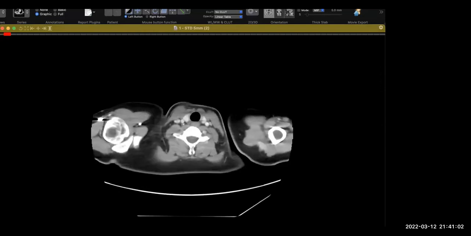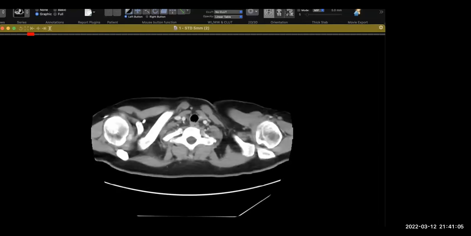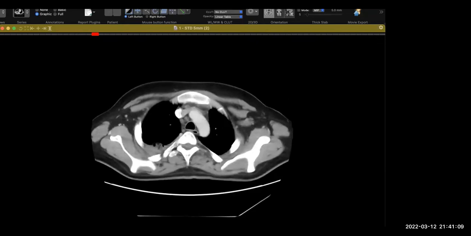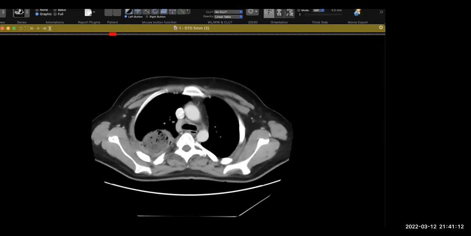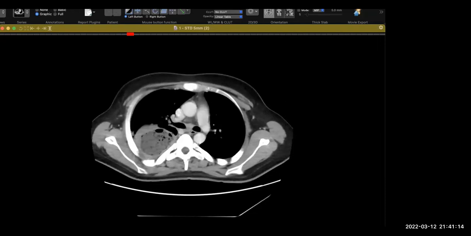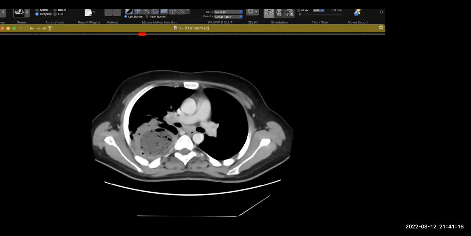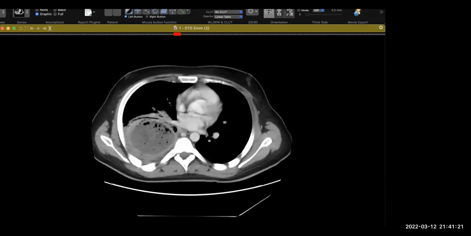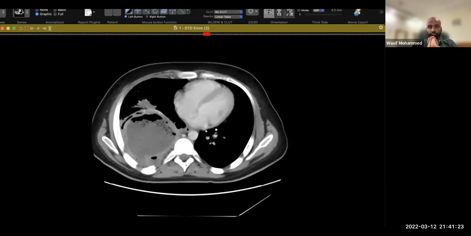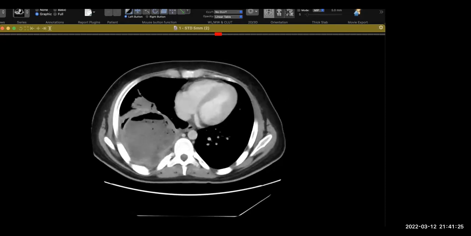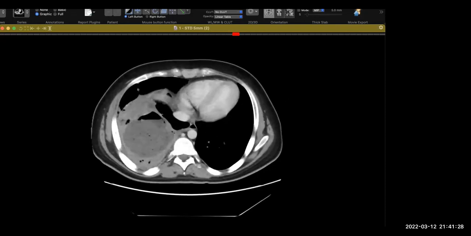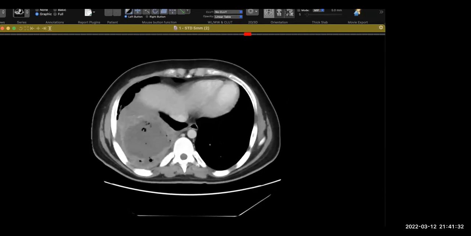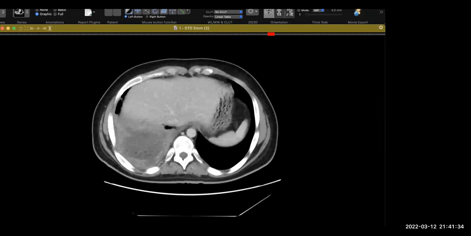So these are the axial images of the CT chest with IV contrast. I am scrolling craniocaudally. So I could appreciate there is an area with internal fluid density as well as air lucencies in the right lower hemithorax.